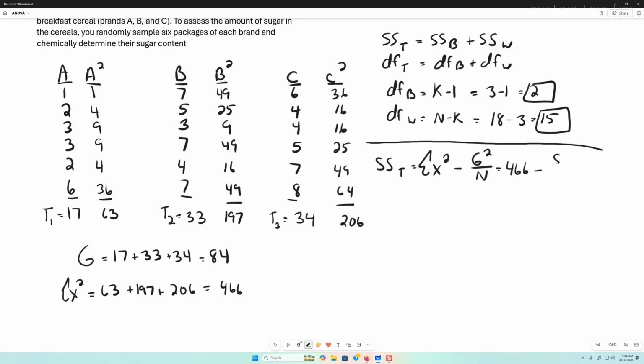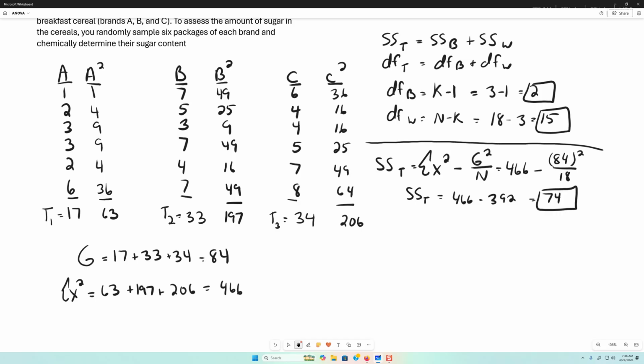So this becomes 84 squared over N, which is 18. So when we simplify this, we get 466 minus 392. That gives me 74. So the sum of squares total is 74.